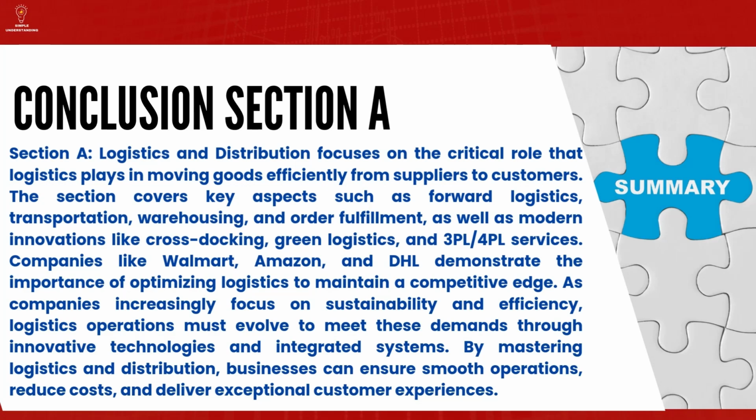Companies like Walmart, Amazon, and DHL demonstrate the importance of optimizing logistics to maintain a competitive edge. As companies increasingly focus on sustainability and efficiency, logistics operations must evolve to meet these demands through innovative technologies and integrated systems. By mastering logistics and distribution, businesses can ensure smooth operations, reduce costs, and deliver exceptional customer experiences.